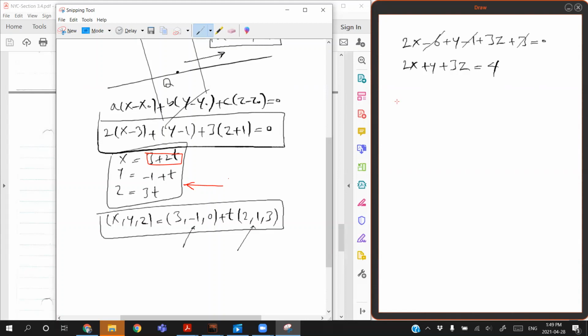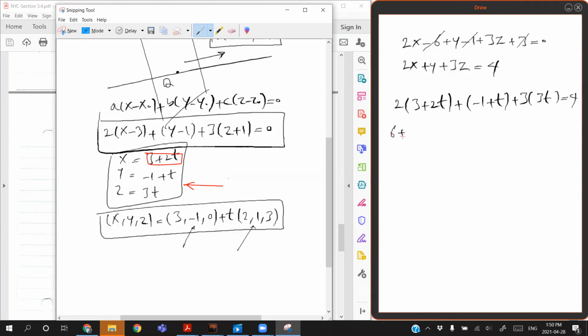So let's plug in 3 plus 2t for x, plus negative 1 plus t for y, plus 3 times 3t for z, is equal to 4. That's the only thing I need to do: plug x, y, z in terms of t into the equation of the plane.